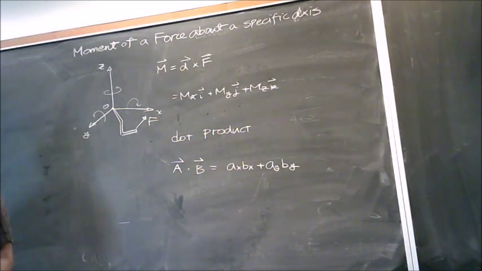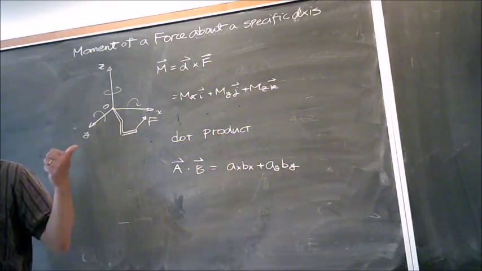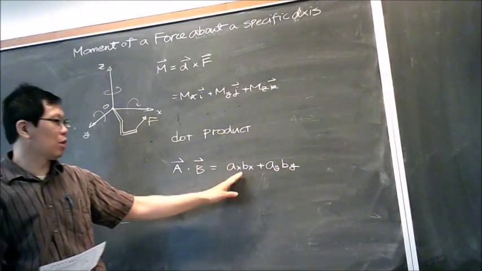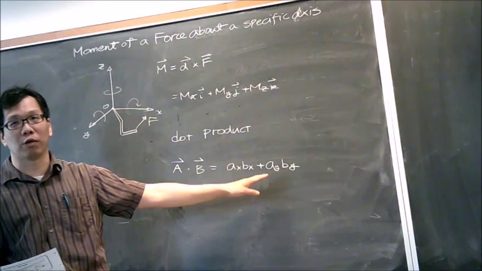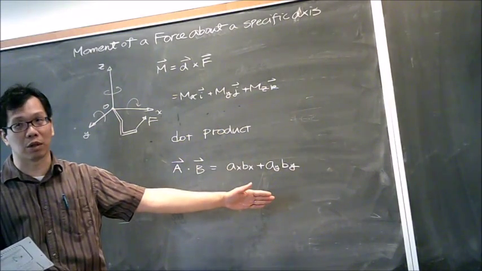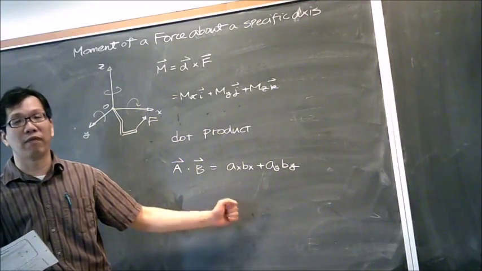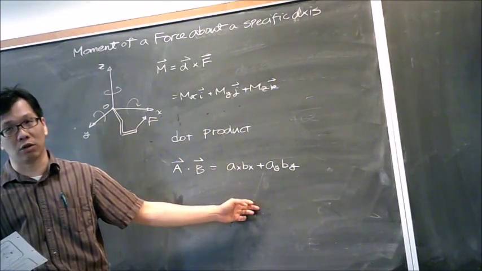Remember the formula we talked about yesterday? The x components multiplied with each other, plus the y components multiplied with each other, and the z components multiplied with each other. That is how we define the dot product. But physically, what does this actually tell you?